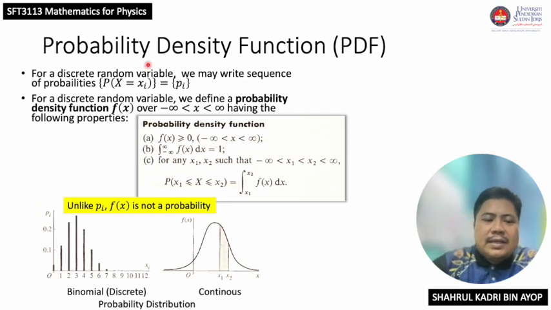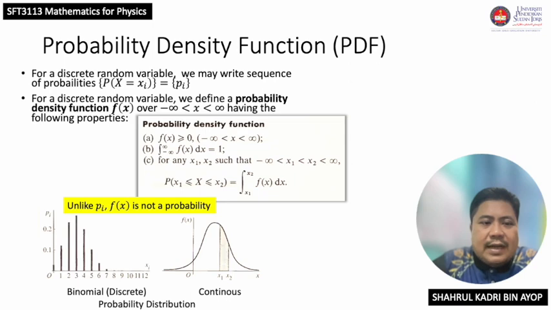The function which represents that kind of continuous variable is called the probability density function. In the previous lesson, for a discrete random variable, we may write a sequence of probabilities, the elements P1, P2, P3, P4, depending on how many trials we have.